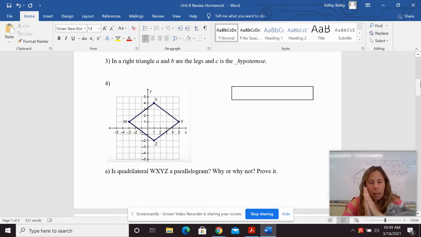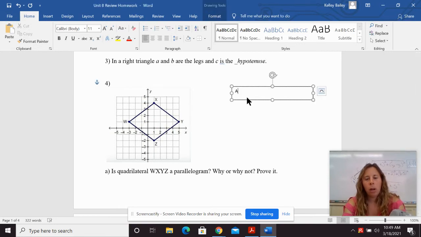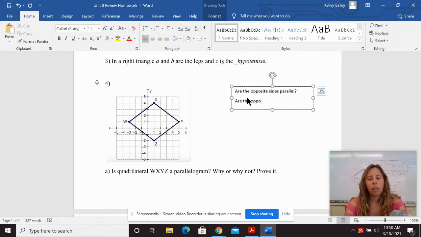You need to figure out the following information. To be a parallelogram, are the opposite sides parallel? Are the opposite sides congruent?